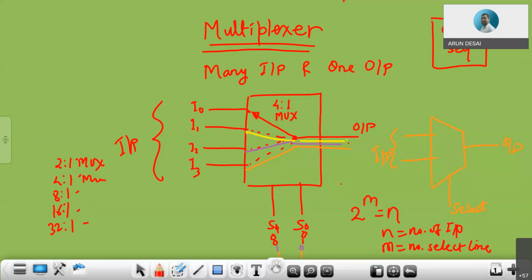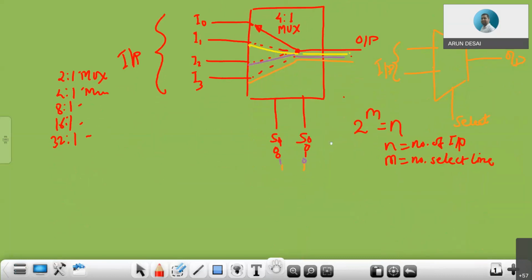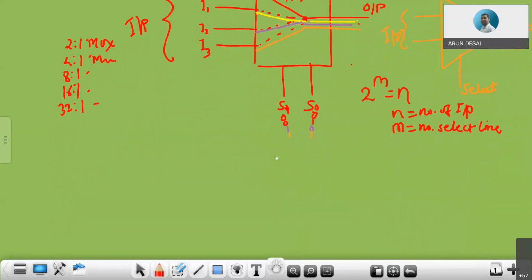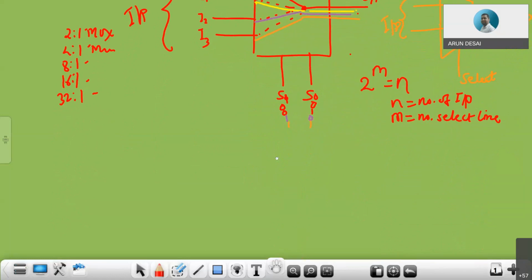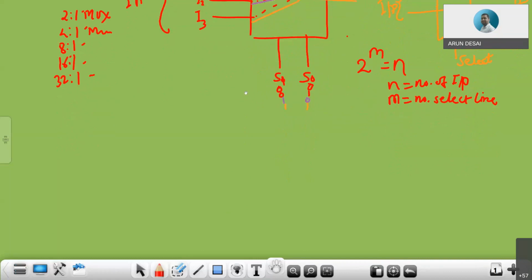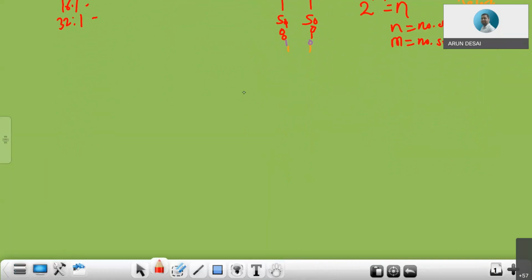See, demultiplexer is the reverse operation. One input and many outputs. Yes, exactly. So one data input or data line is present and many outputs are present.